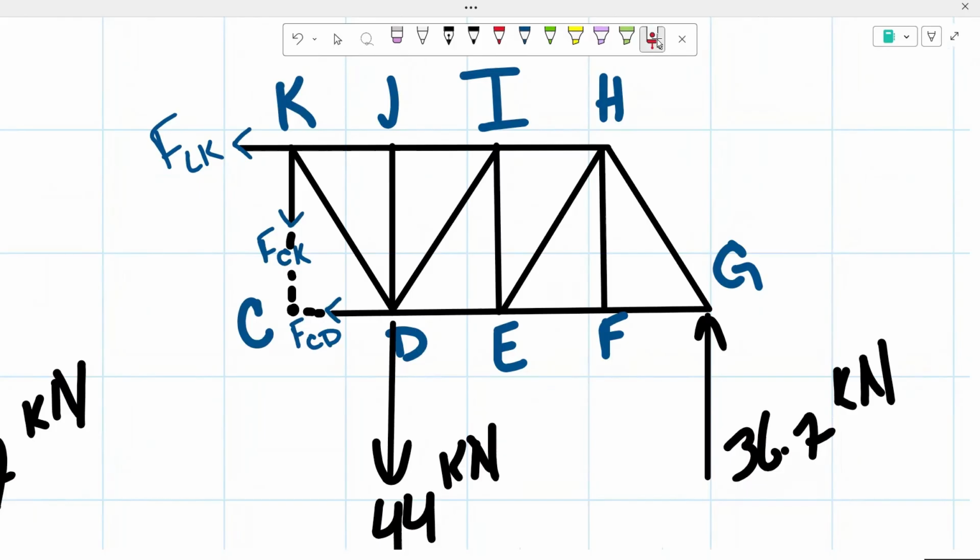So then from there, you would simply start using the method of sections to determine the force. What I like doing is taking the sum of the moments about a point where two forces meet. That way we could solve for one of them.